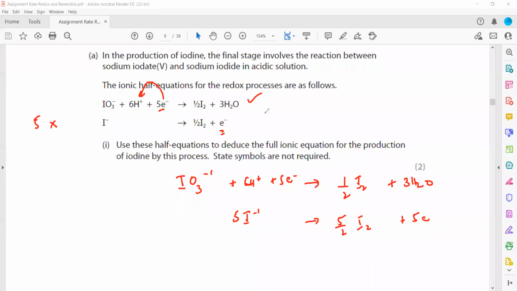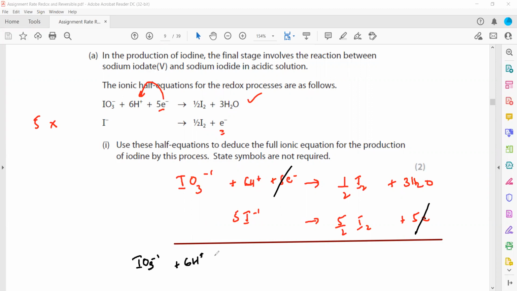Then to write a combined equation, we add the two equations. When we add, the electrons cancel with electrons. So here we have 5 electrons, and these cancel. When we solve, it will be IO3 with a charge of -1, then 6 protons, then 5 iodide ions.